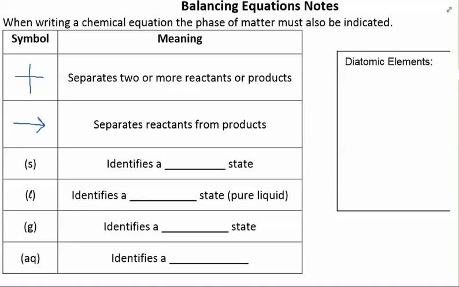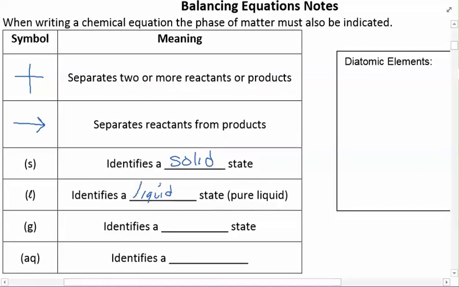So the S identifies a solid state. This script L identifies a liquid. We actually don't use liquids very often in this unit. This means I have a pure liquid, so it's a liquid of that. It's not something that's dissolved.